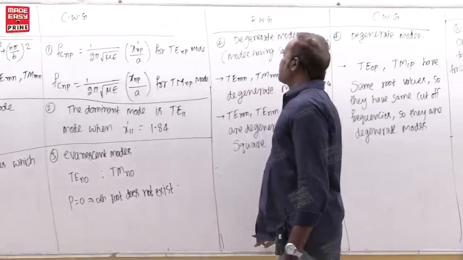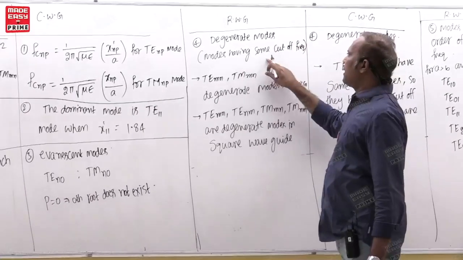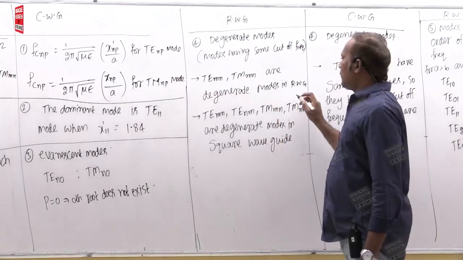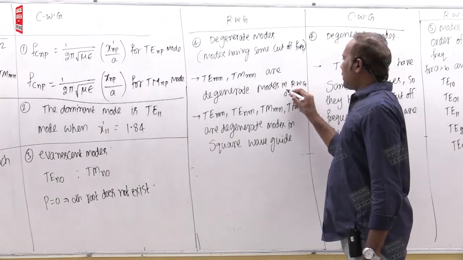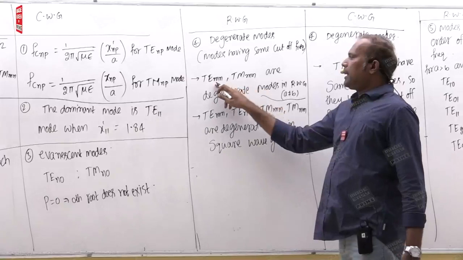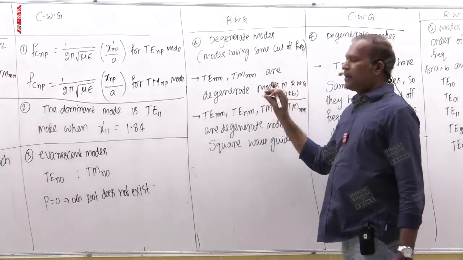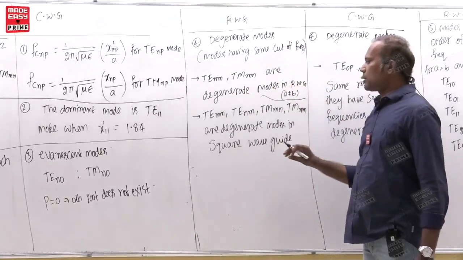Now degenerate modes, that means modes having the same cutoff frequency. In rectangular waveguide already you have seen, for rectangular waveguide A not equal to B, in that case TE_mn and TM_mn have the same cutoff frequencies. Already we have written in the rectangular waveguide, so that is why they are degenerate modes.